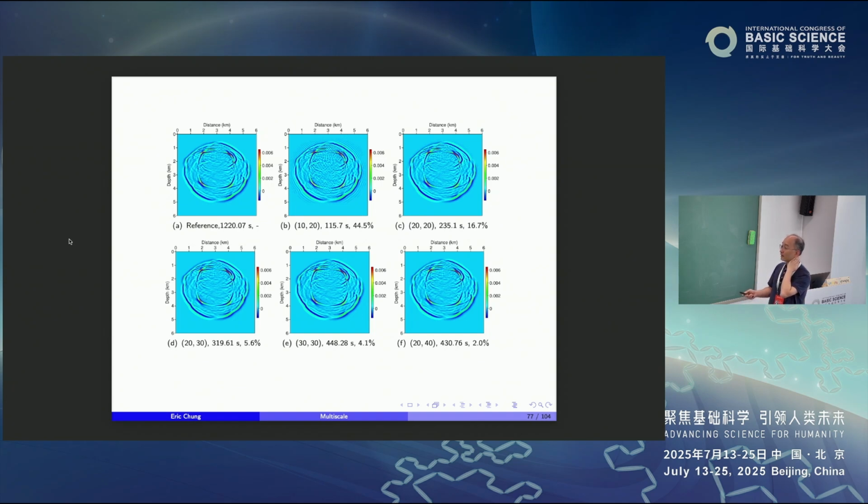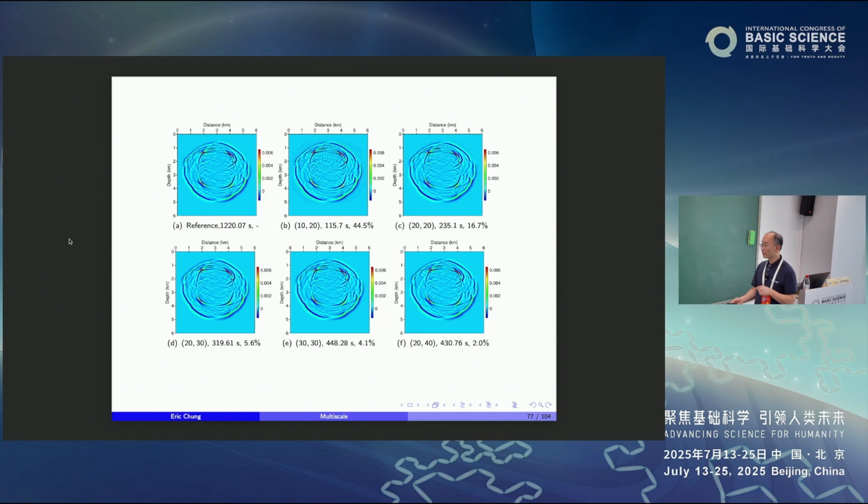And then in the next 5 figures, we use different numbers of basis functions. So the conclusion is that if we use enough basis functions, we can obtain an error that is quite reasonable: 5%, 4%, 2%, and you see that these solutions are very similar to the reference.